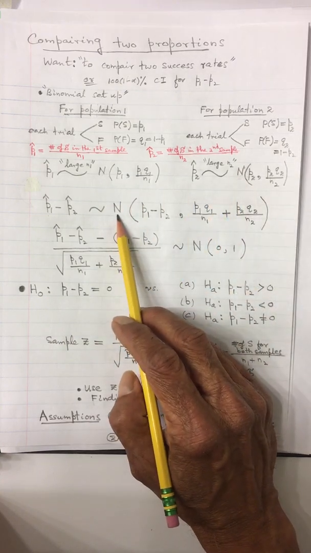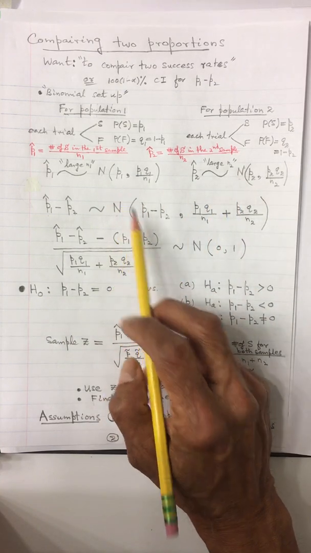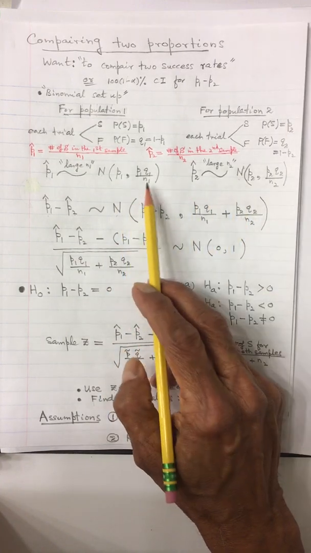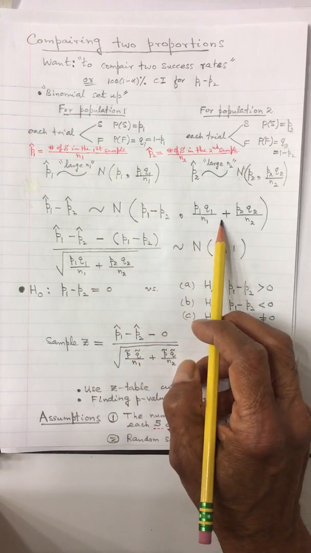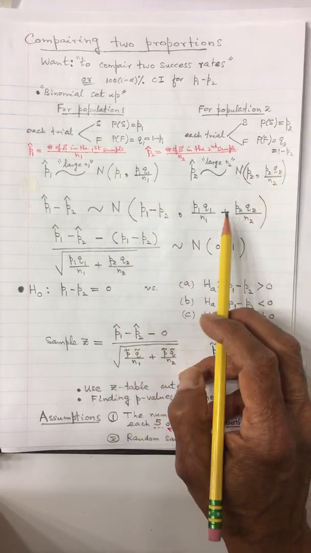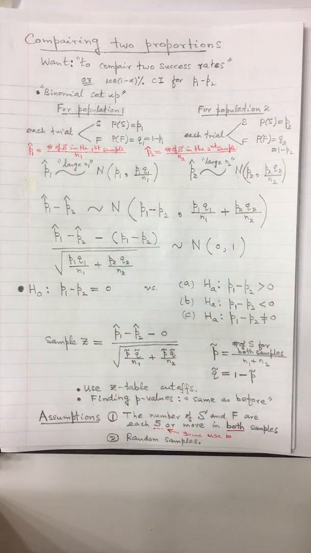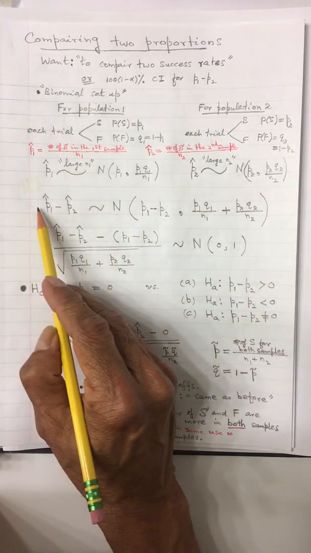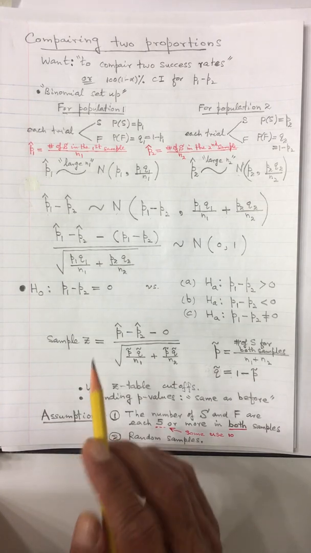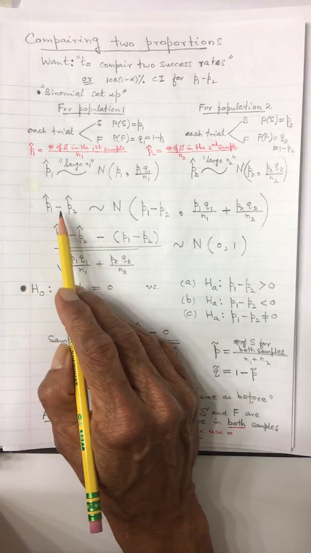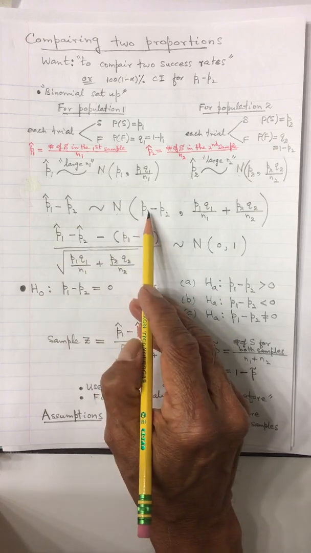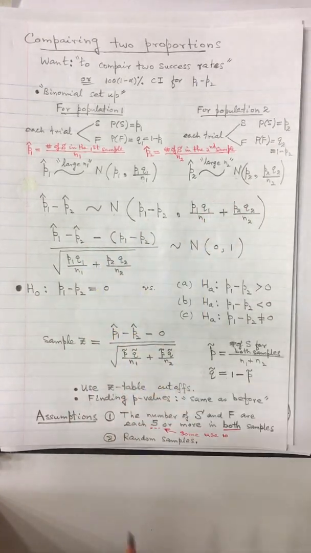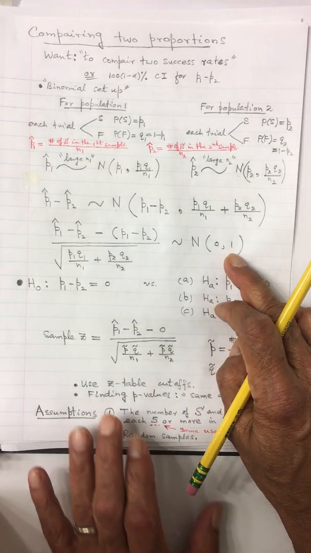The mean is going to be the difference of the means, but the variance is going to be this variance plus this variance. As long as these two samples are independent, this step is correct. If you subtract the mean and divide by the square root of the variance, that is going to follow the normal distribution.